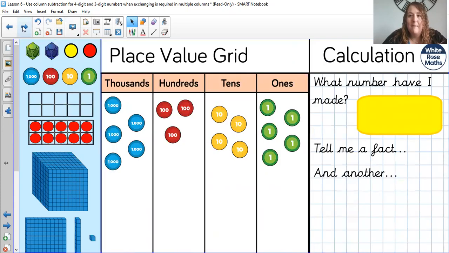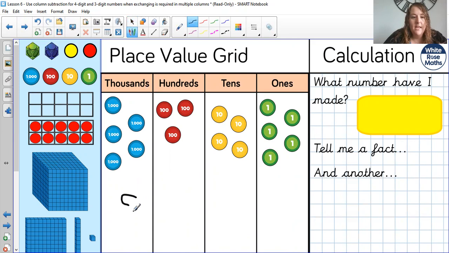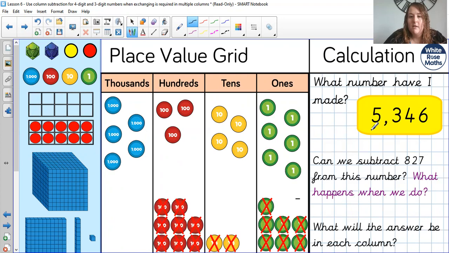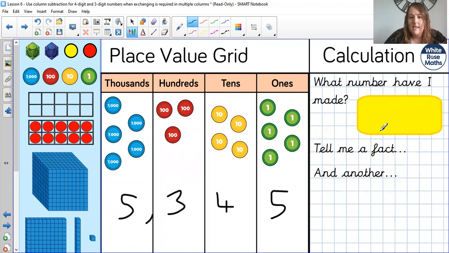What number have I made here this morning? Okay, hopefully we can see 5 in the thousands, 3 in the hundreds, 4 in the tens, and 5 in the ones. So we've got 5,435. Can you tell me a fact about that? Okay, so we've got 5,346.